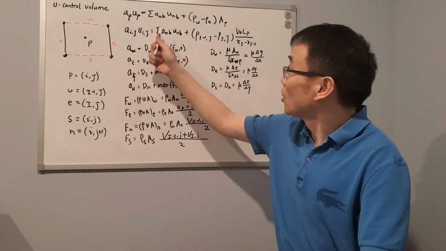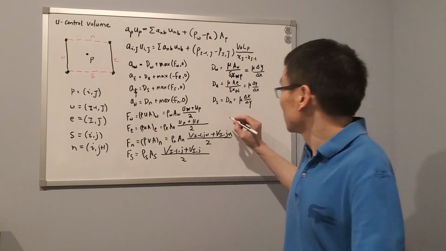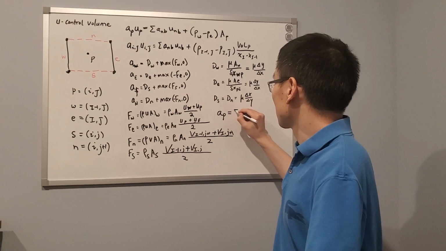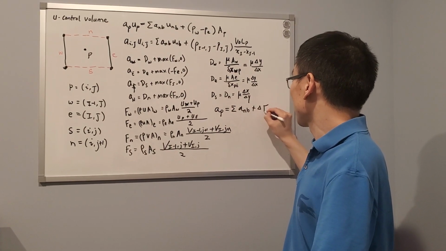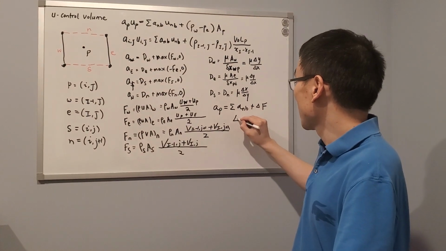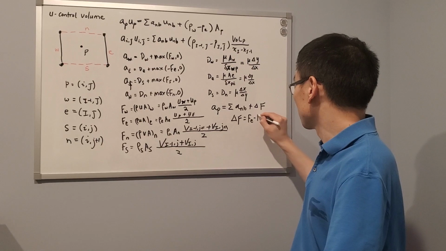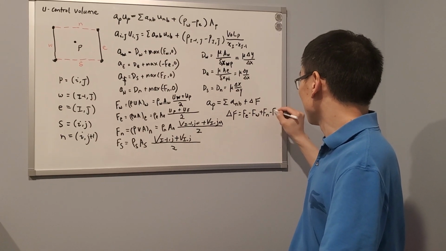Now we can compute all neighboring coefficients for A, and for AP we have this relation. AP is the summation of A neighbor plus delta F, where delta F is simply Fe minus Fw plus Fn minus Fs.